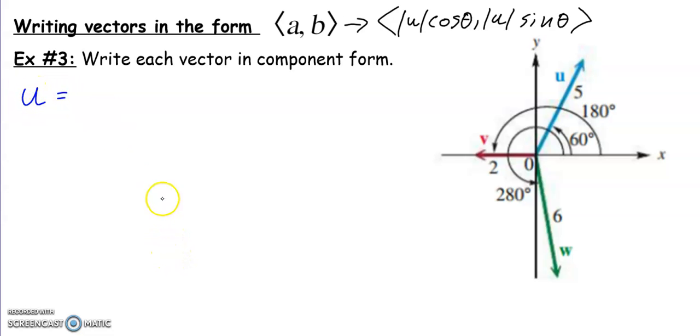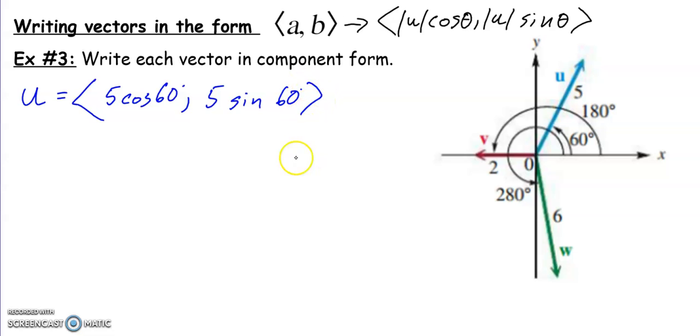To find U, we are going to take the magnitude of U, its length, which is 5, and we are going to multiply it by the cosine of the angle, which is 60 degrees. And then we are going to do 5 times the sine of 60 degrees. And we're going to write our answer in component form.